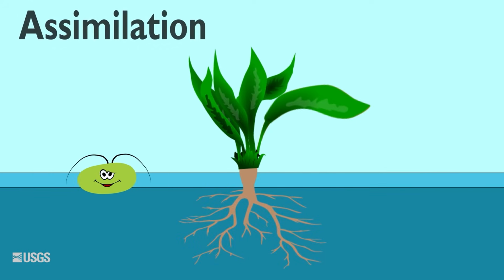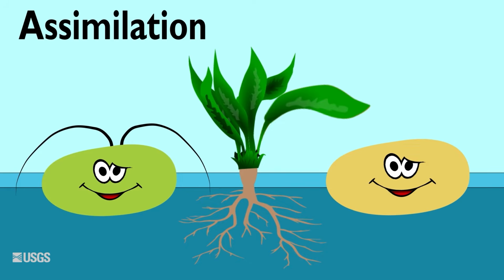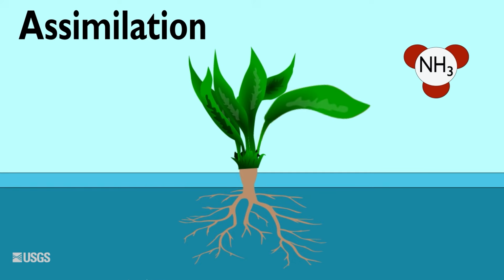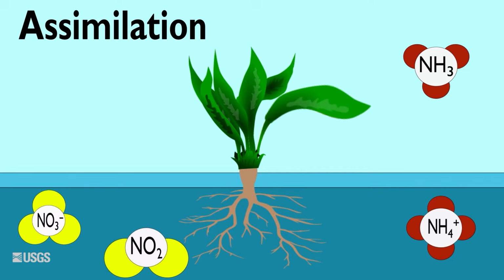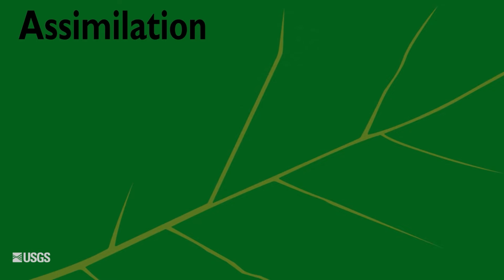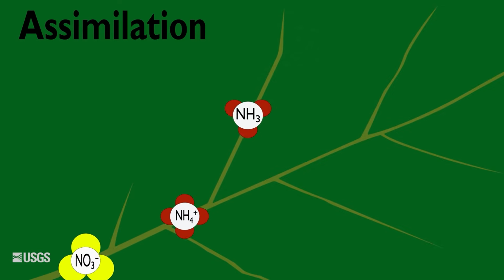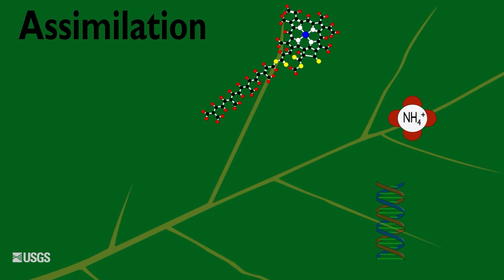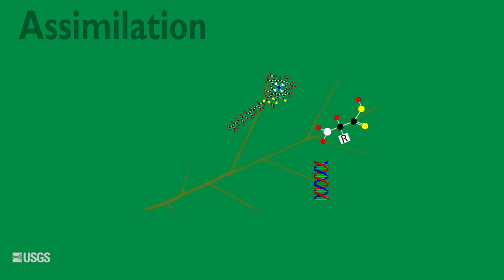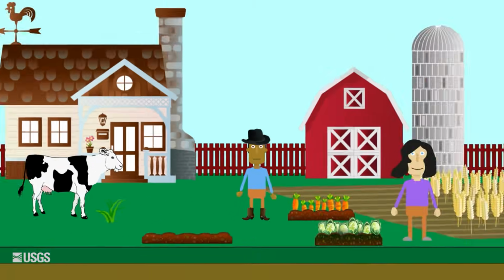When taken up by plants, algae, or bacteria, the nitrogen in ammonia, ammonium, nitrite, and nitrate can assimilate into organic molecules like chlorophyll, DNA, proteins, and other organic compounds needed for life.